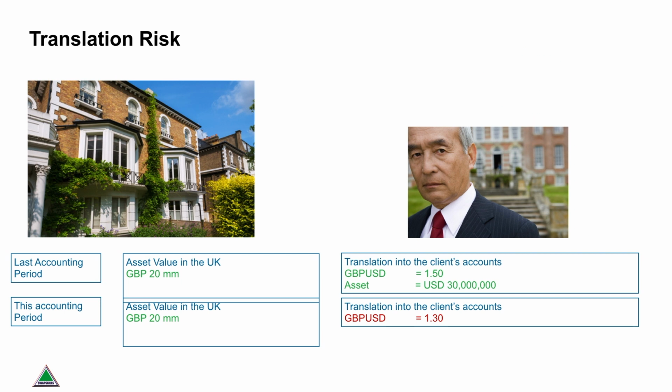Okay, over the course of the year, let's imagine that sterling falls in value and the exchange rate moves to 1.30. In other words, a pound used to get you $1.50, now it only gets you $1.30. Well, this means that in dollar terms, the value of his property has fallen from $30 million to $26 million, a drop in value of $4 million.